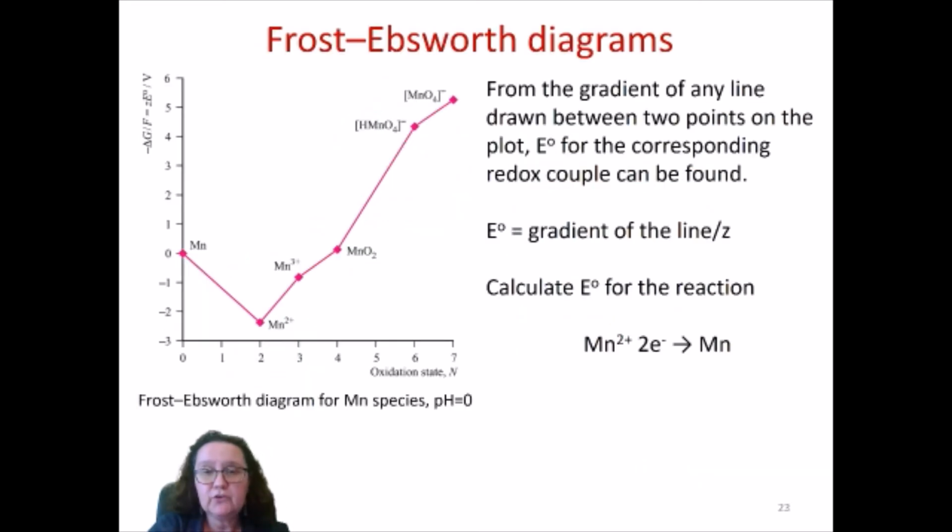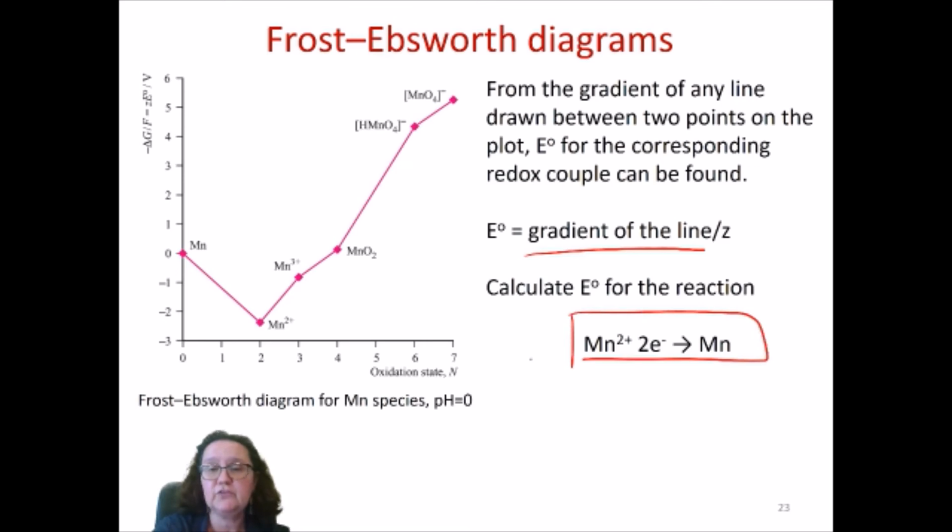You can also calculate the electron potential for any pair in a Frost-Ellingham diagram. And you do that by taking the gradient of the line that joins both, divided by the number of electrons exchanged in the process. So for example, what would be the electron potential for this reaction?